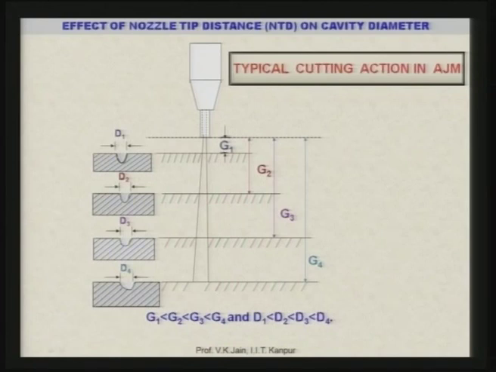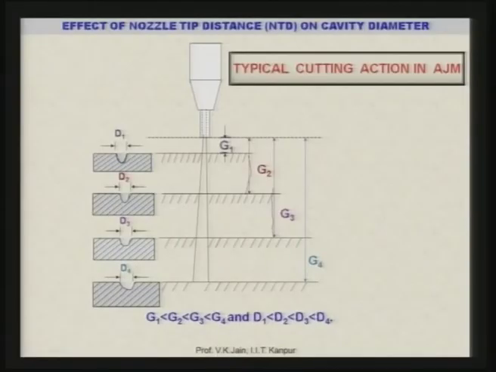Now, if you increase the nozzle tip distance from G1 to G2, you can see D2 is bigger than D1. However, the depth beyond a certain limit will decrease. If you further increase it to G3, then D3 is bigger than D2, and if you further increase to G4, the width has increased further.